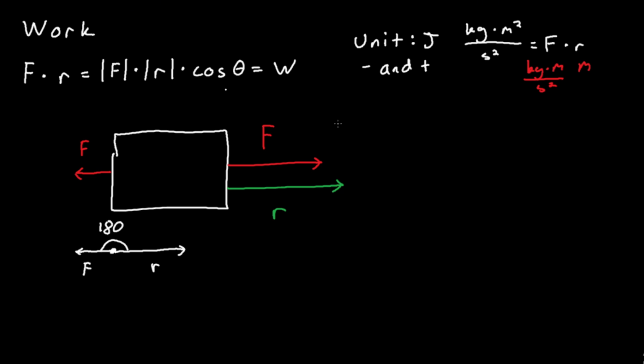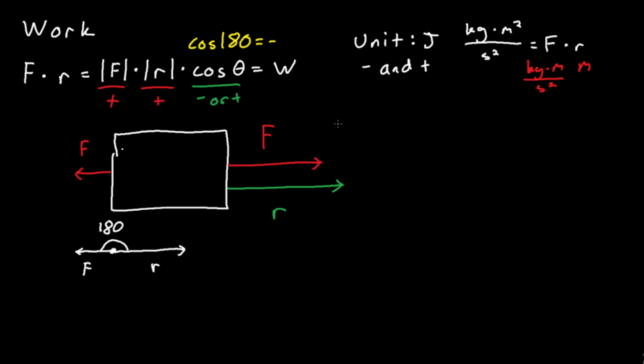Looking at the dot product formula, the cosine value is the only thing that can contribute to negative or positive values, because your magnitudes are always positive. So the cosine determines whether your work is negative or positive. Since the angle between the force and the displacement is 180, cosine of 180 is equal to -1. Therefore, your work in this case would be negative, since the force is going the exact opposite direction of your displacement.